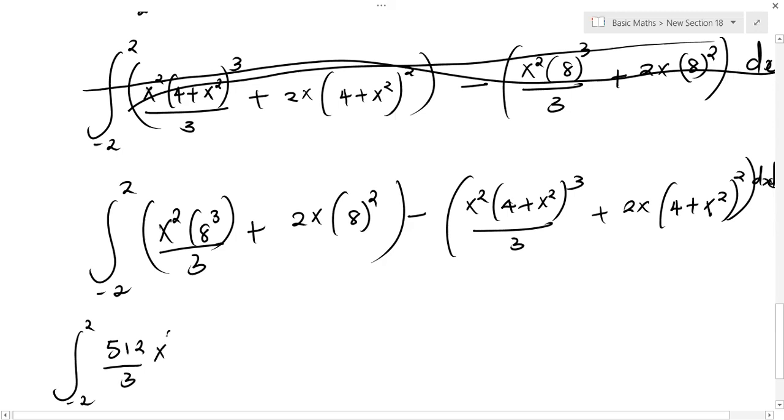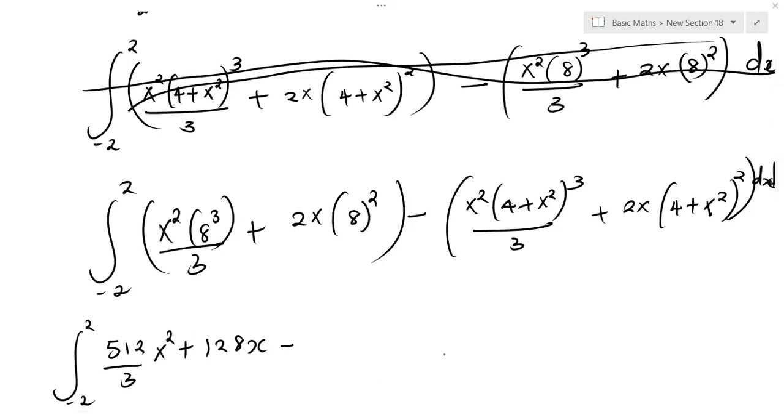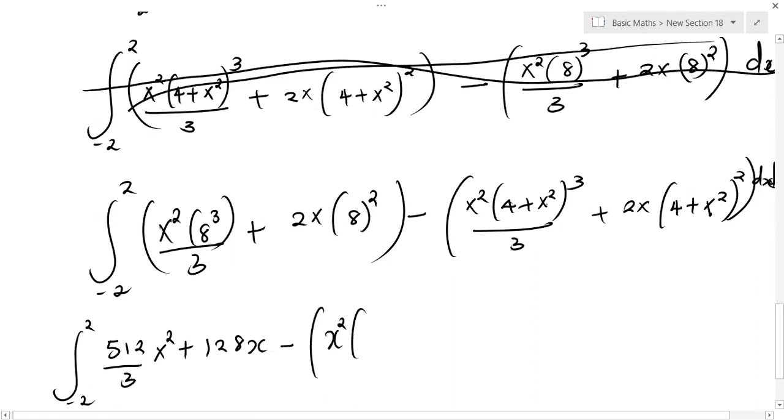Then we have x squared plus 8 squared, 64 times 2, that's going to be 128x minus, okay, so we have a whole cubic function, it's cubed there, minus, so we have a long one here, so I'm going to have our x squared here, then evaluating this, we can use the binomial theorem to evaluate this. So we have our over 3. Let's write the 3 here.